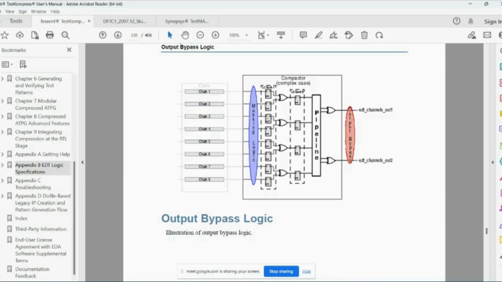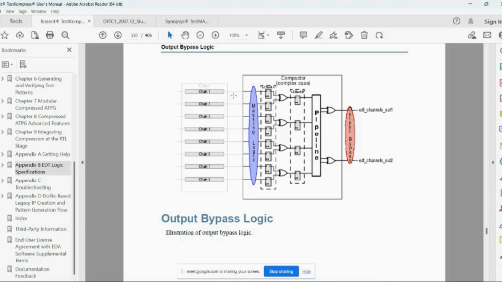But in compression, we have a different scenario where we want to bring out the values from the two chains connected to one XOR gate. Shift in will place values in the chain, capturing will capture the value, and next shift out will happen.